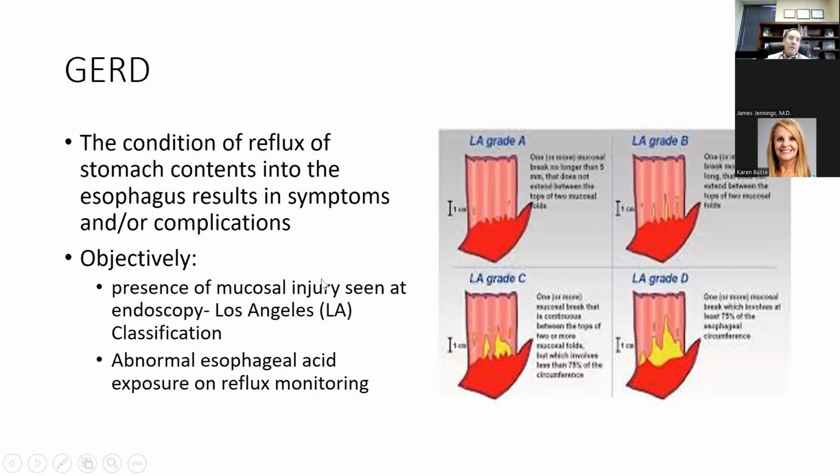And the best tested classification system is called the Los Angeles classification system, and it's got a specific definition, A, B, C, D, D being the worst, A being the least. Again, this is something that should be used by all gastroenterologists and endoscopists to grade the degree of inflammation. And again, we will see later on that patients who have moderate to severe, the Los Angeles class C and D inflammation are going to be more difficult to treat.